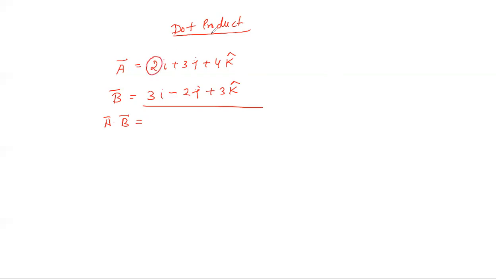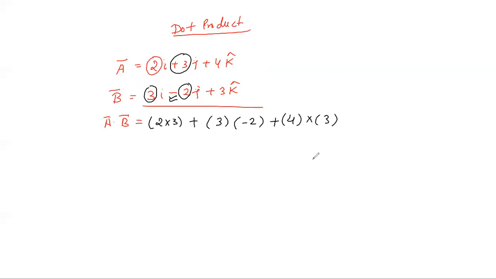So 2 into 3, plus the coefficient of j is 3 and the coefficient of j in B vector is minus 2, plus 4 into the coefficient of k in B, which is 3.